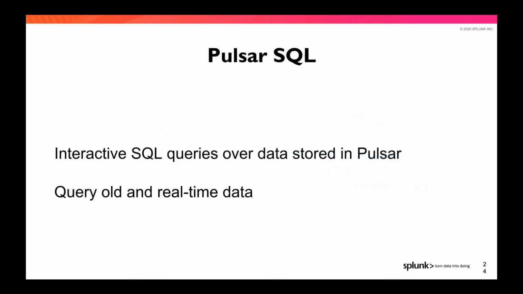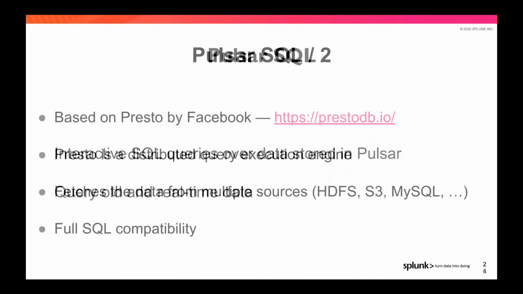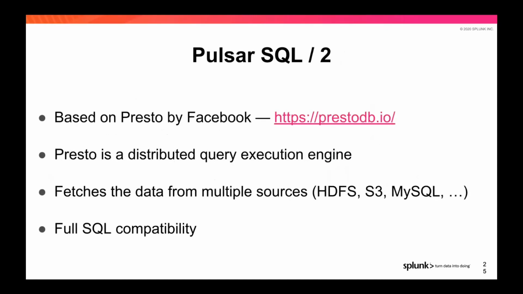So now I'll talk in a little more detail about Pulsar SQL and the internals of how it actually works. The current implementation of Pulsar SQL is really based on Presto, and it leverages the Presto SQL engine that was originally developed by Facebook, and there's a whole community around Presto.